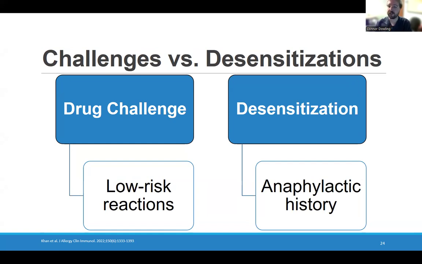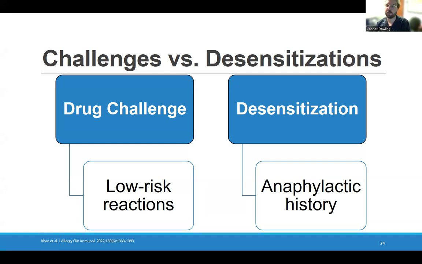Drug challenges are going to be utilized for our lower risk reactions, whereas desensitization is really going to be a tool for using a specific antibiotic that has an anaphylactic history to it, but is needed clinically for a certain scenario. So this might be a situation where a patient with an anaphylactic history to penicillin needs IV penicillin to treat their neurosyphilis. We would actually go through the desensitization process and provide that temporary induction of drug tolerance as they clinically require that IV penicillin to treat their neurosyphilis.